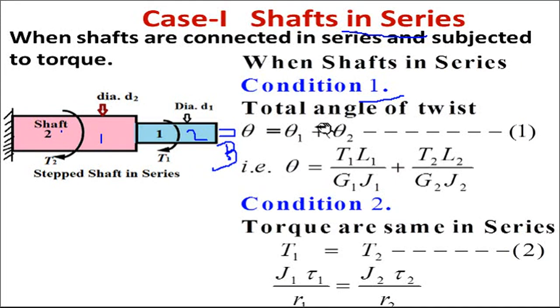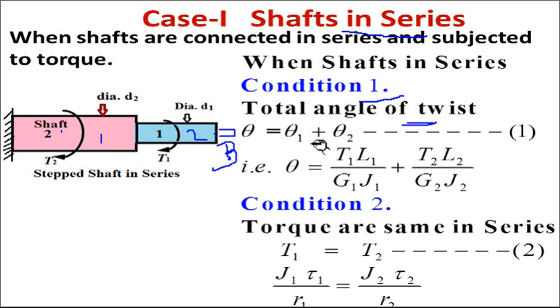When such shafts are arranged in series, there are two important conditions. Condition 1: the total angle of twist is the addition of both the angles. Suppose I want to know the total theta about a certain point, that theta will be theta 1 plus theta 2, means angular displacement of section 1 plus angular displacement of section 2.